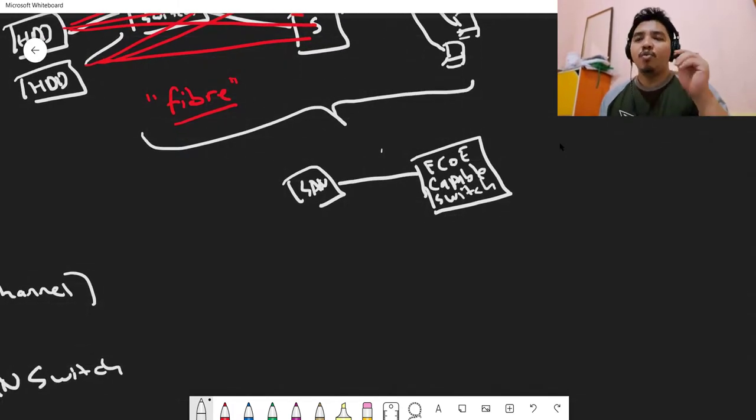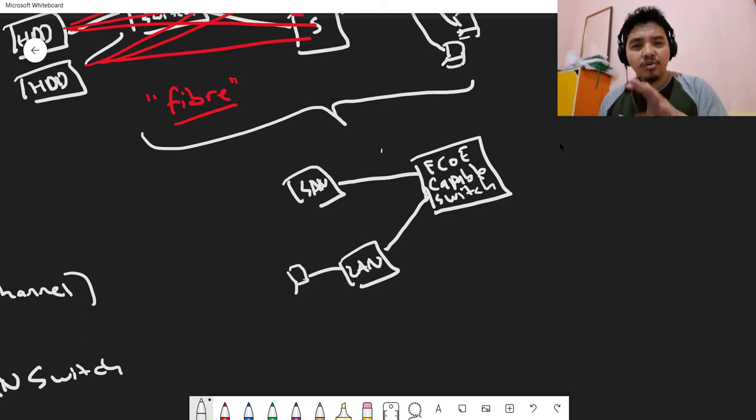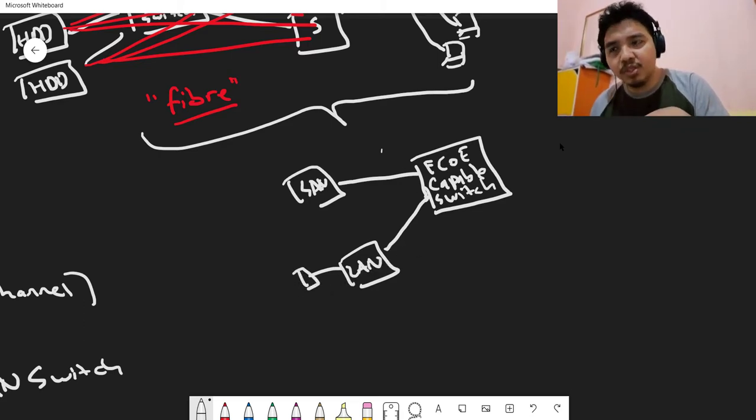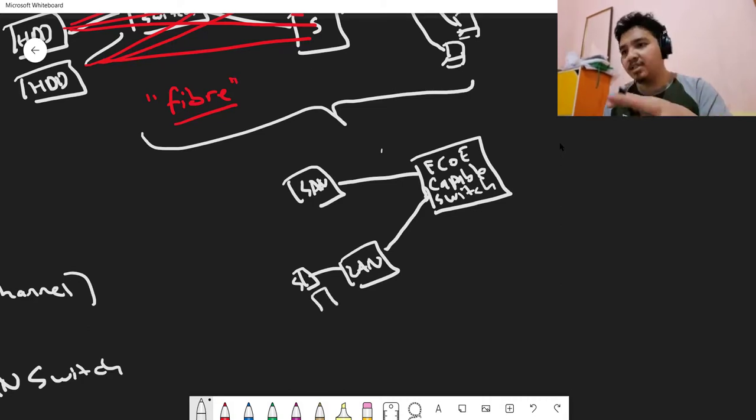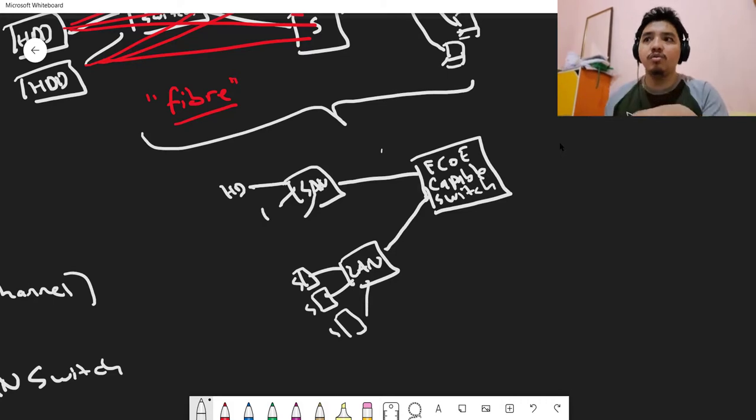So when the workstation wants to access a server or directly access storage, just connect it to the Fibre Channel over Ethernet capable switch, and that switch will see which direction it wants to go, whether to the server or to the SAN network.